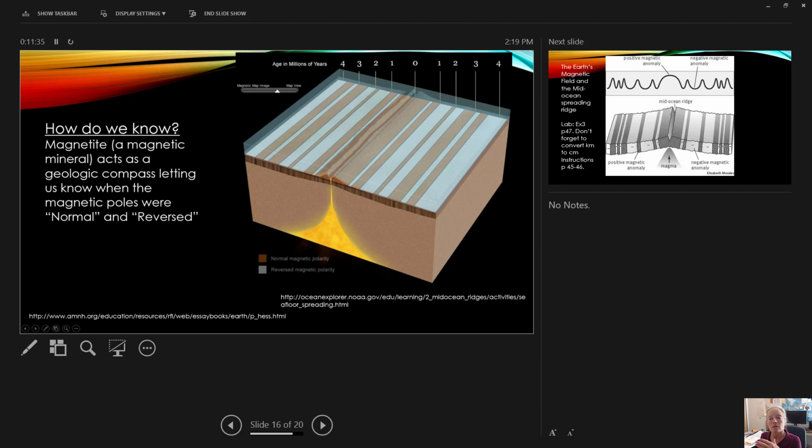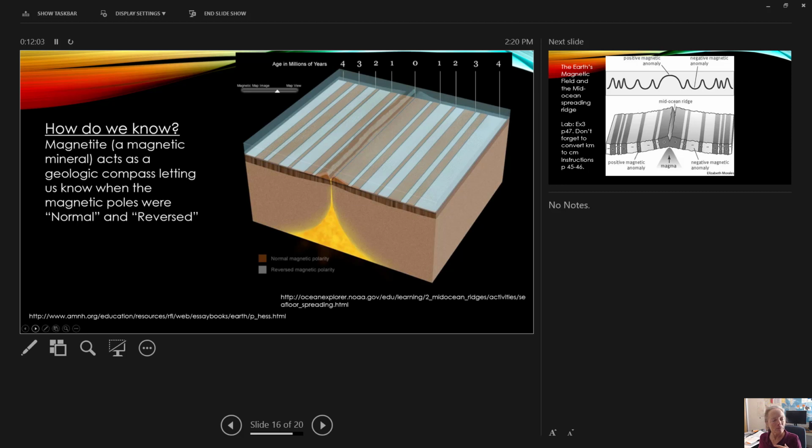And the same distance away on the other side of the spreading ridge, if the rocks were being created and moving apart at an equal rate, the other side should have the same kind of polarity, right? So it looks like it's normal on that side. And then 2 million years ago, it looks like it's changing to reverse. And over here, 2 million years ago, it's changing to reverse.